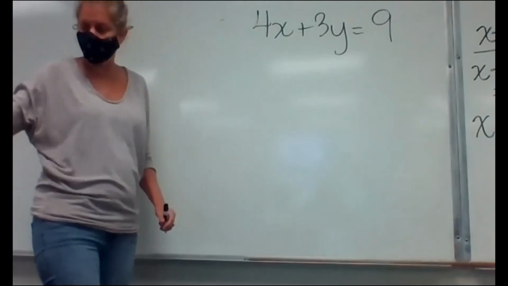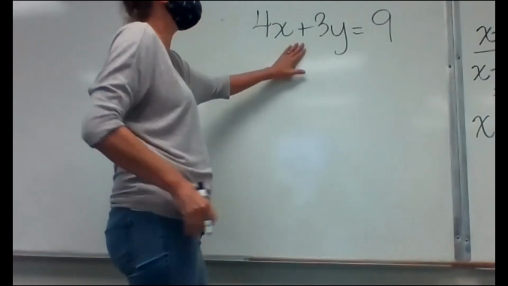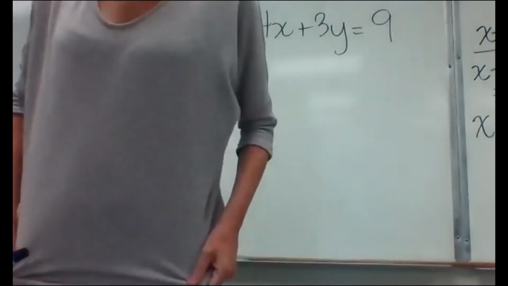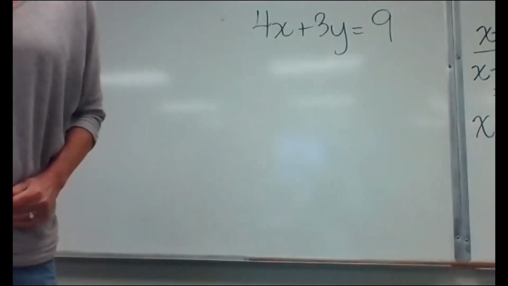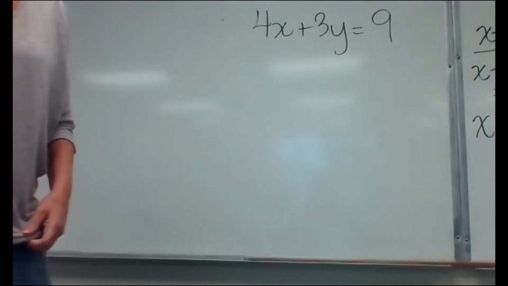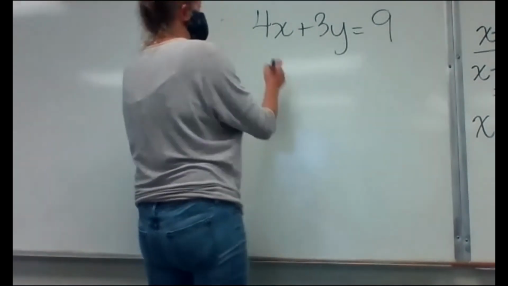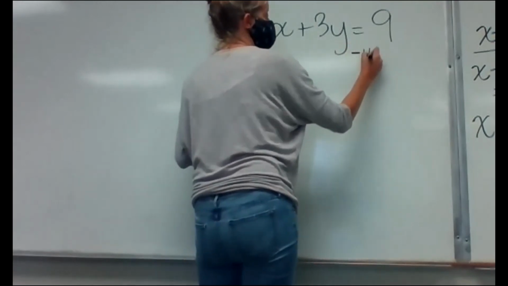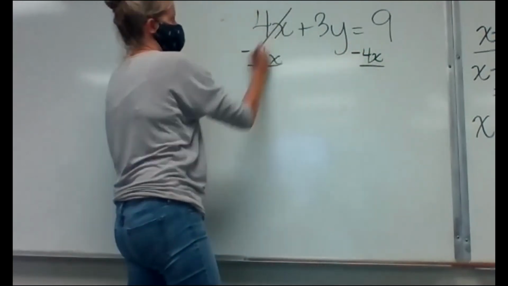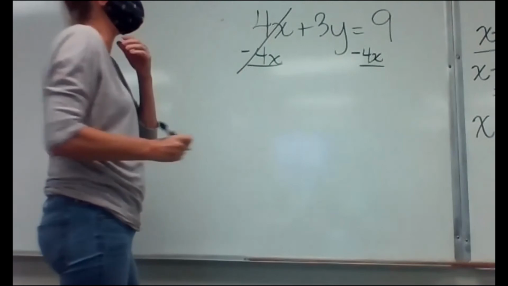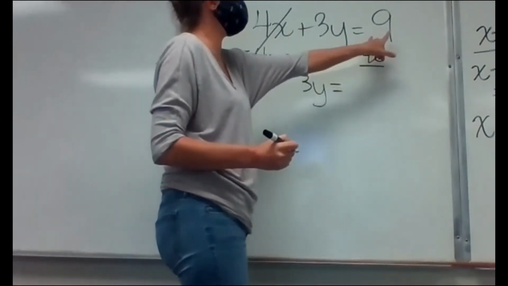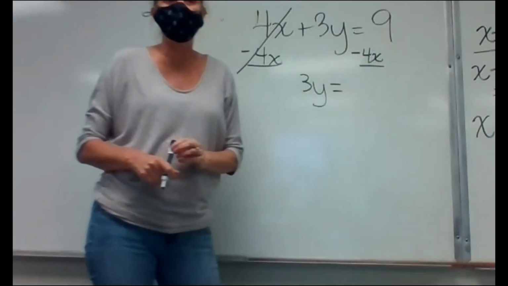So 4x plus 3y equals 9. Let's say I'm trying to do this in my calculator, which means I'd want the y by itself, so I have to subtract 4x. To get rid of the 4x, I still have 3y equals, over here, a negative 4x and a positive 9.